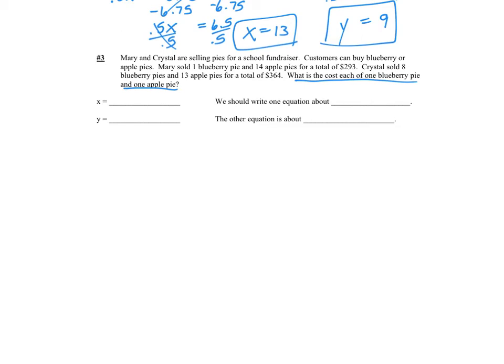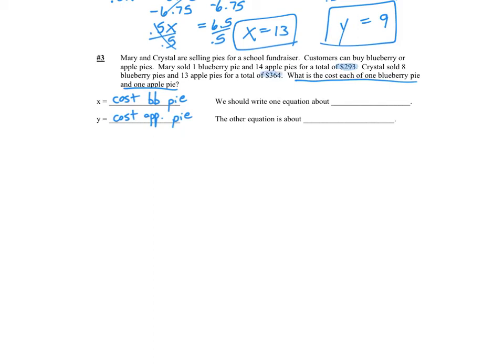So we want to know what is the cost of blueberry and cost of apple. What does a blueberry pie cost? What does an apple pie cost? Okay, they give us a couple totals. They tell us $2.93.